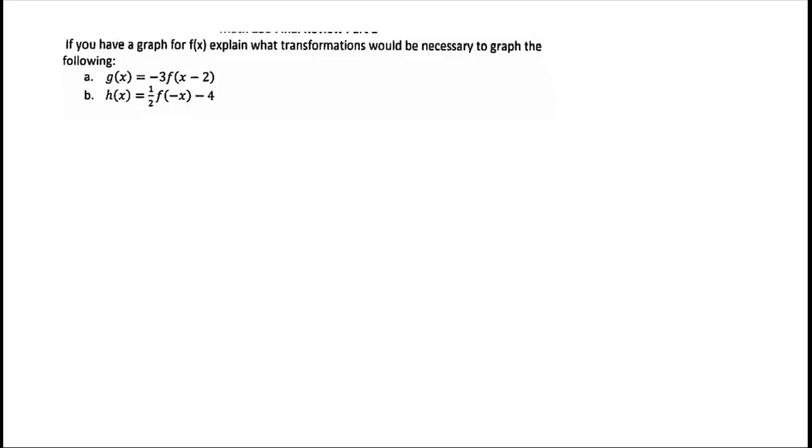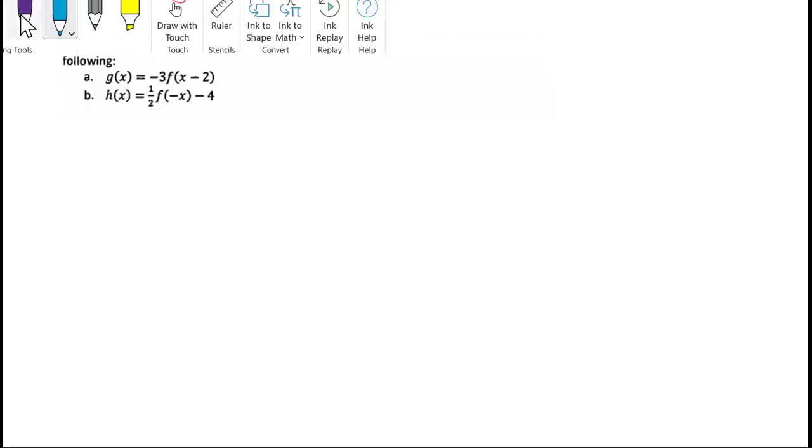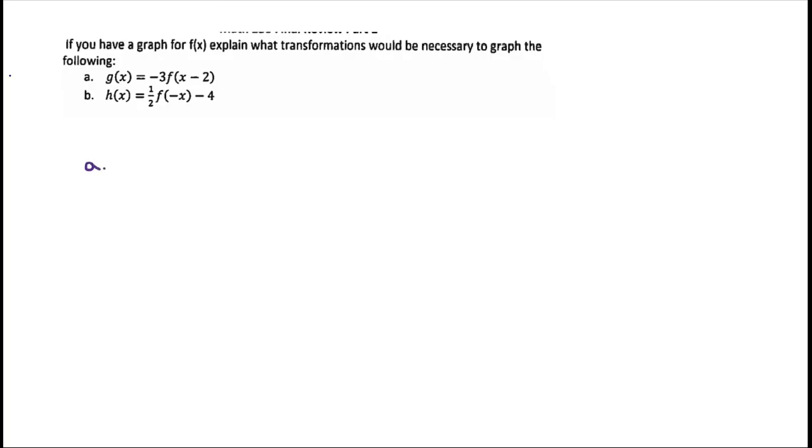So for this one, what it's asking us to do is to just identify the transformation that's happening. For part A, we have a negative 3.